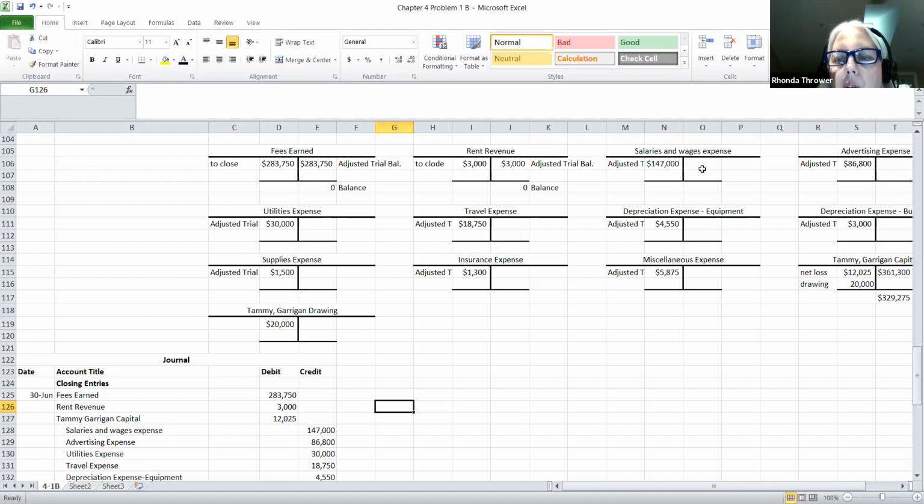All right, my salary and wages is an expense account. To close it out, I'm going to have to credit it for the amount of the debit. So $147,000 is credited to wages expense. And this is to close it.